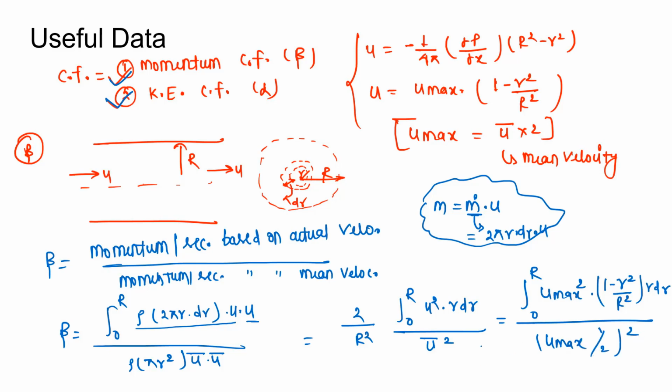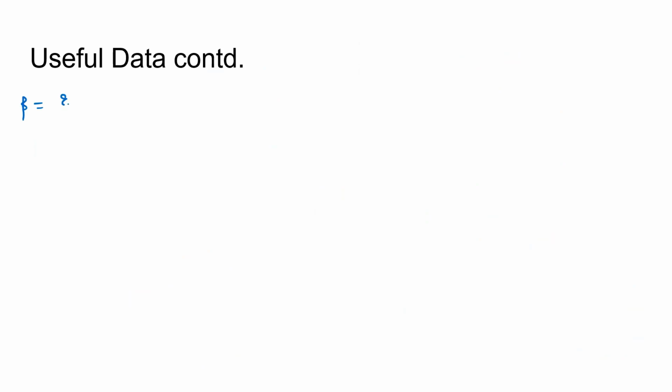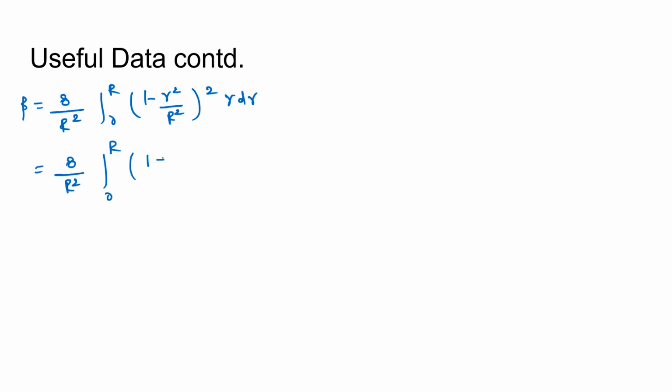Beta can then be written as 8 upon R square integration 0 to R of 1 minus small r square by capital R square whole square into r dr. Expanding, this is 8 by R square integration 0 to R of 1 plus r power 4 divided by R power 4 minus 2 r square divided by R square, into r dr.